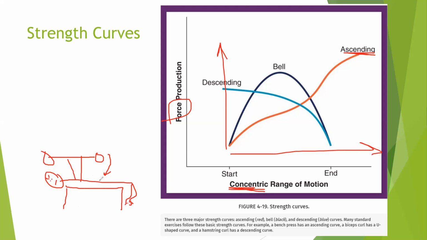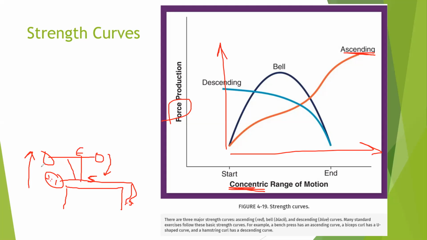So we are starting at the bottom. So the start is here, the end is here. When you start here, you need the most force to get that bar back up to your starting position, to where you lifted it from. That's what an ascending strength curve looks like.